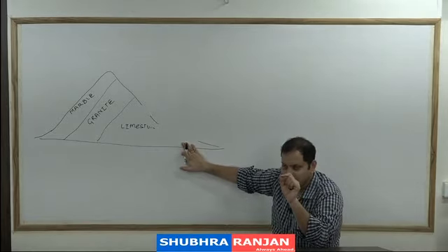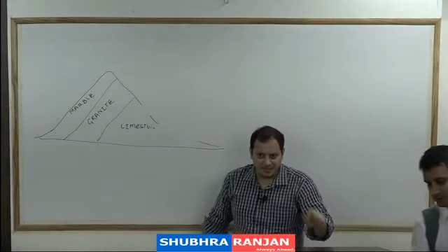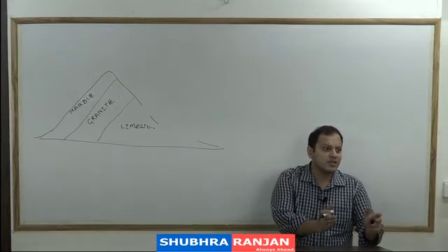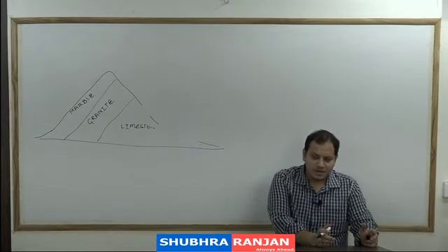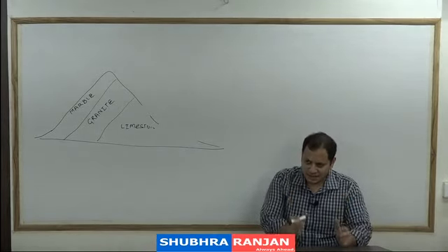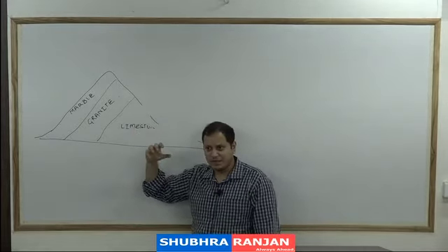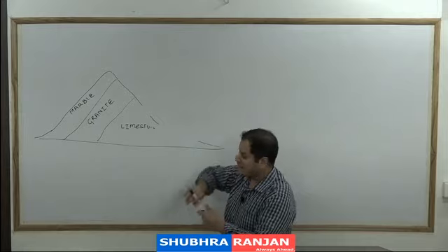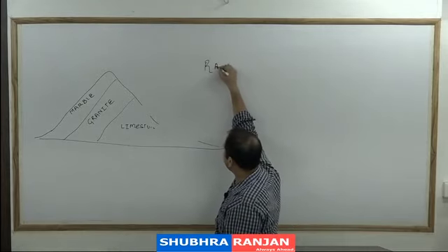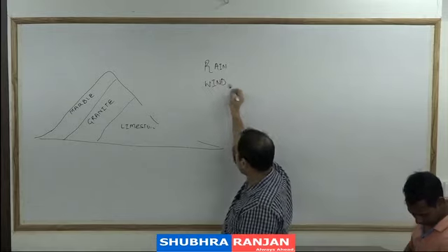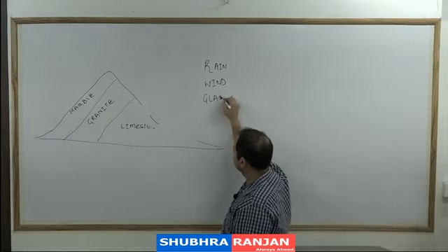Getting it? But in dry desert conditions, limestone may also be a very, very strong rock. In the dry conditions, if the wind is blowing, suppose there are three factors: rainfall is there, wind is there, and glacier is there.